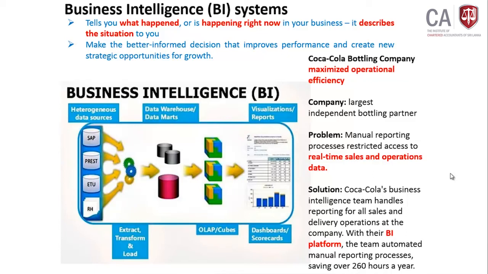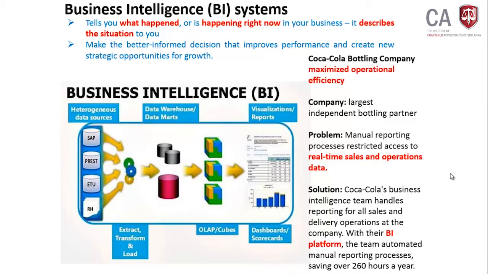And what is happening right now, and it describes the situation. It describes where you are, what happened and what is happening now. Make better informed decisions that improve performance and create new strategic opportunities for growth. Based on the facts, they try to improve the performance and create new strategies for achieving the organization's opportunities, and they look for the growth of the organization thereafter.